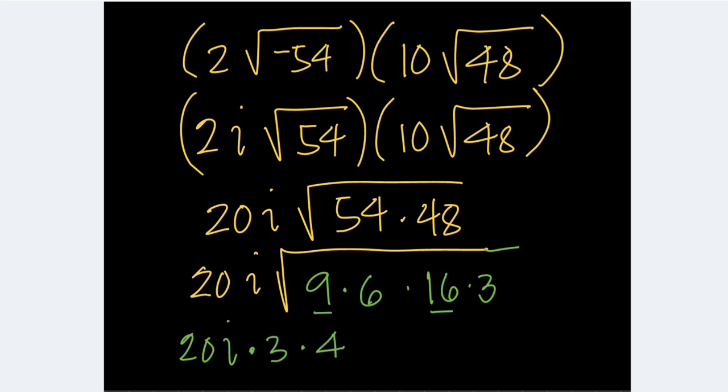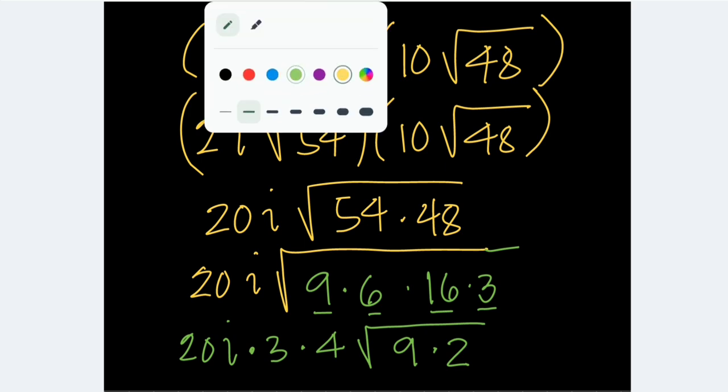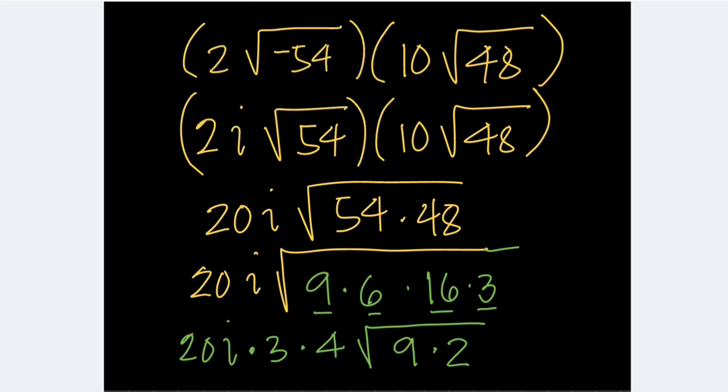So we're left with square root of 6 times 3. 6 times 3 is 18, so that is 9 times 2, right? So square root of 9 is 3, so we can put 3 outside. So we'll be left with times 3 square root of 2.